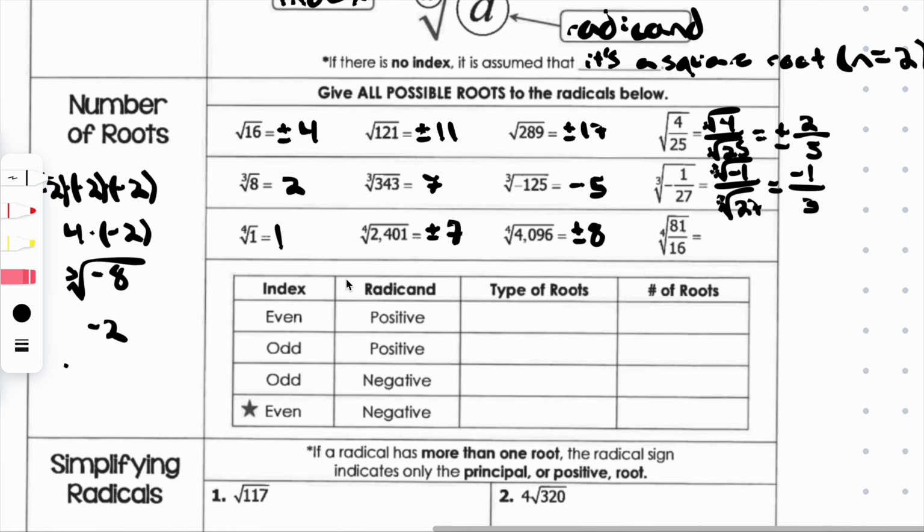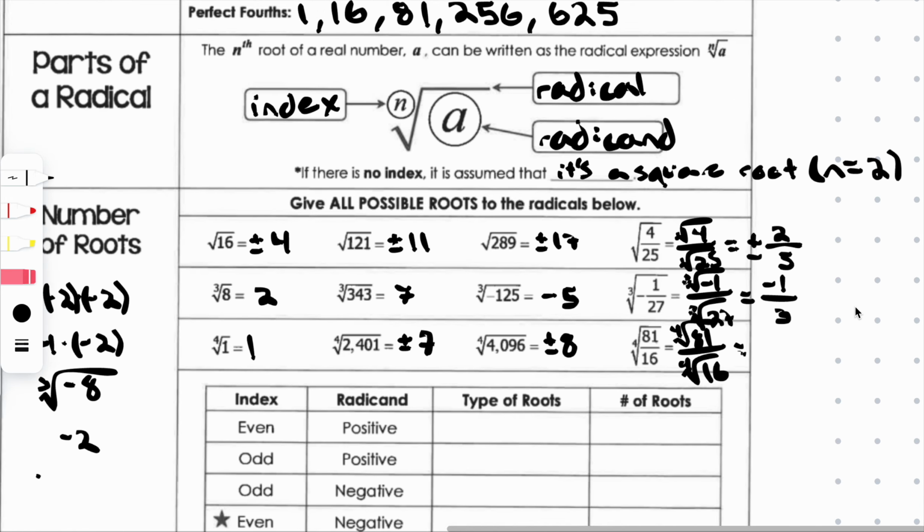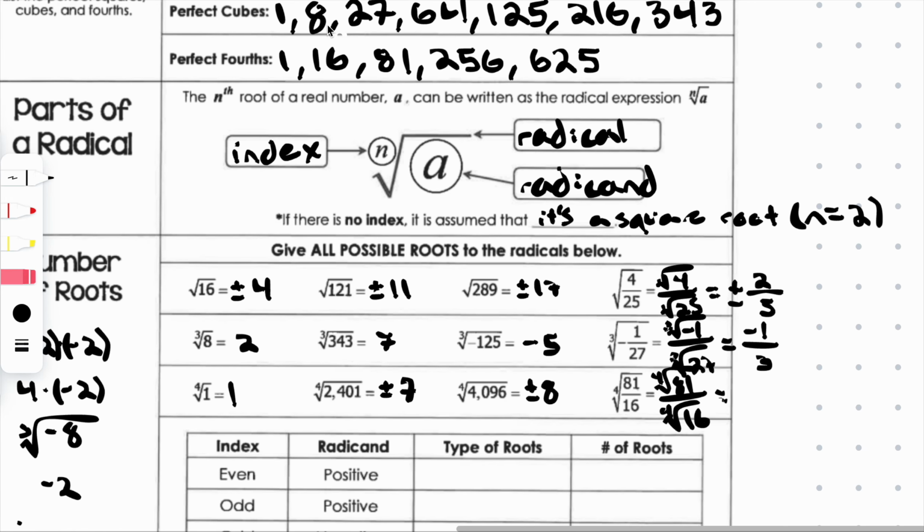Make an educated guess. Okay, so the 4th root of 81 over 16, this is going to be the 4th root of 81 over the 4th root of 16. Now, if we look back up here, we essentially said the 4th root of 16 is going to be 2. We said the 4th root of 81 is 3.